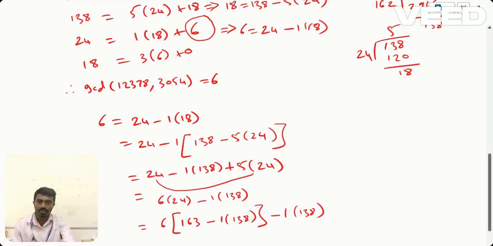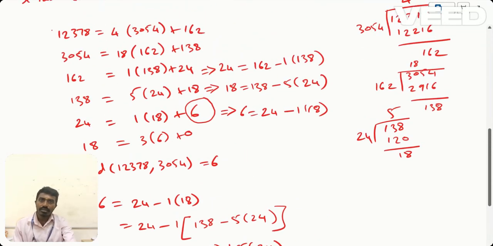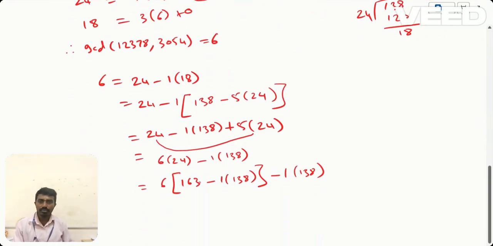So totally what you get is 6 times 162, and here minus 6 times 138, and minus 1 time 138, so totally minus 7 times 138.